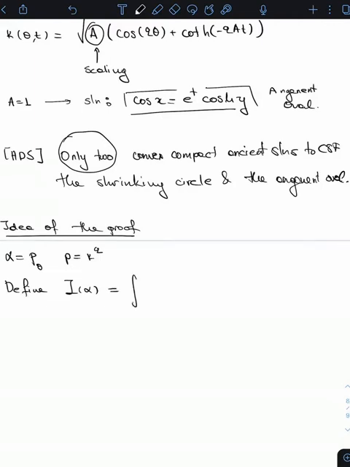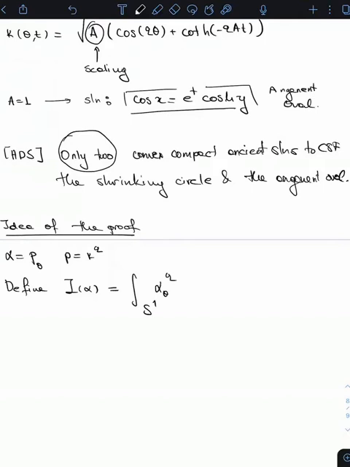This is the integral over S1 of alpha theta squared minus 4 alpha squared d theta. Now this is not randomly chosen.